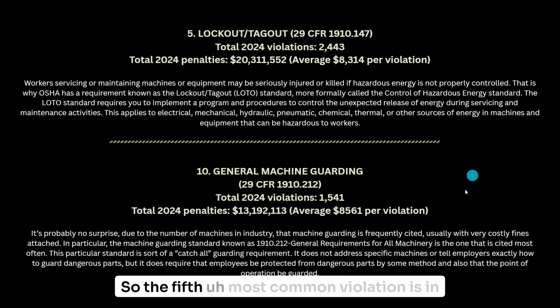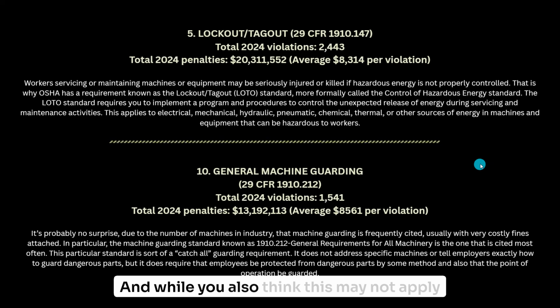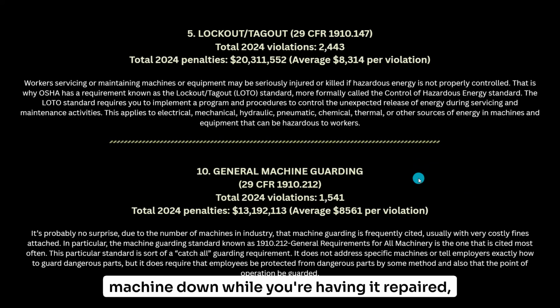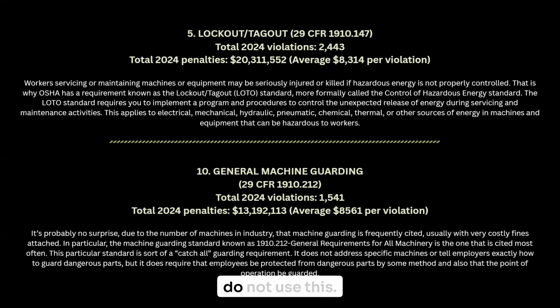So the 5th most common violation is lockout tagout. And while you may think this does not apply to your employees, if you are going to have a machine down while you're having it repaired, it needs to have a lock or tag on it saying, do not use this.